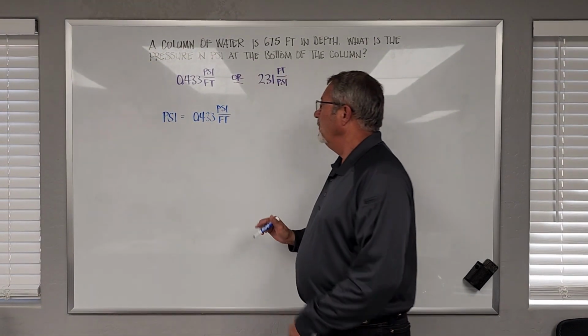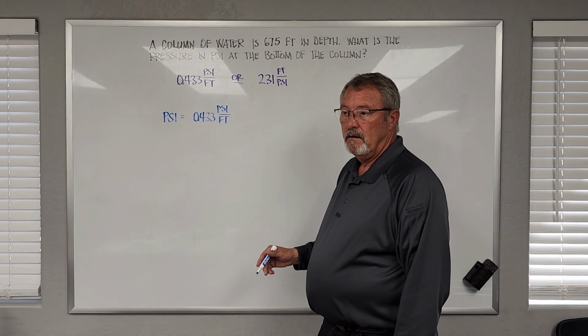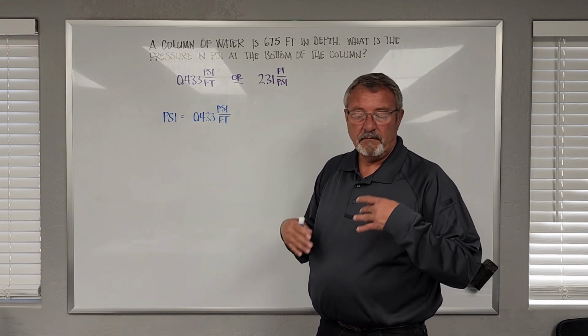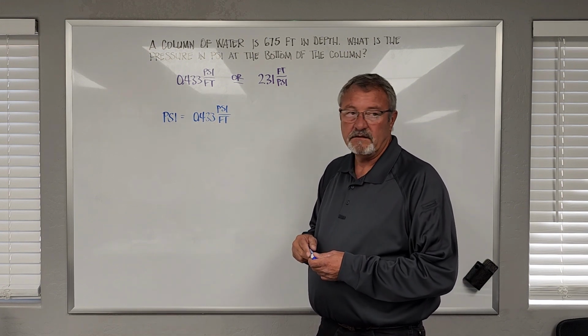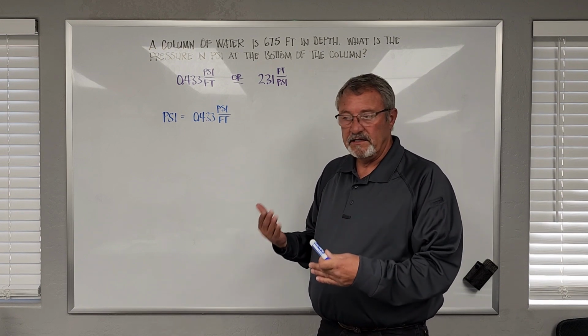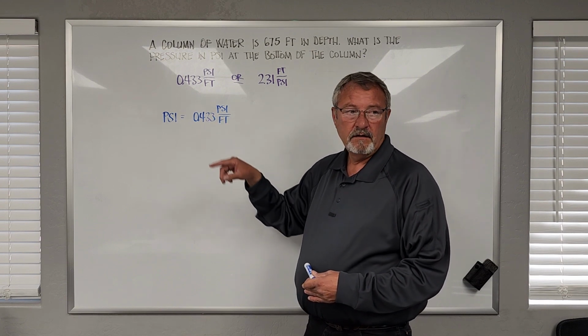Now, I want to just talk about a couple things real quick because this is the first problem. Whenever I have a numerical value that's less than 1, I always write 0.433, and that comes from my mentor in this industry. Years and years ago, he told me as we were doing labs in a wastewater treatment plant, when you have a value less than 1, put that 0 there.